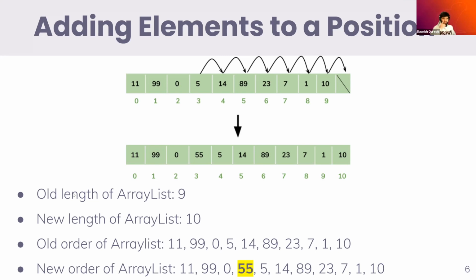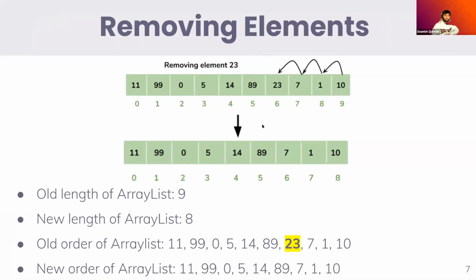This is a little bit different than length, but we'll talk about that later. So the old order of an array list, like we see here, is going to be 11, 99, 0, and so on. And the new order is going to be 11, 99, 0, and then, sorry, 55. So we place that 55 in there, as we see here. So I think everyone understands this. And so I guess we'll move on to removing.